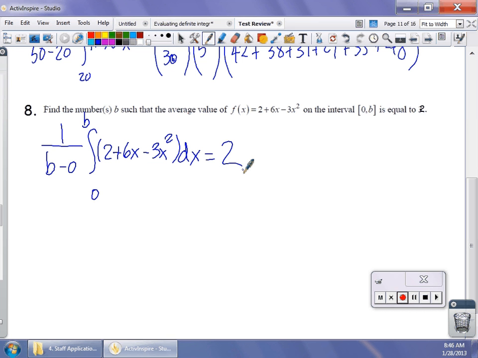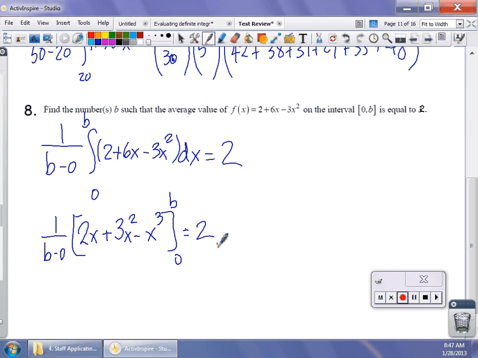I'm going to find the antiderivative, so I have 1 over b minus 0 times 2x plus 6x squared over 2, so it would be 3x squared, minus 3x cubed over 3, so minus x cubed, evaluated from 0 to b equal to 2. 1 over b minus 0 is just 1 over b.